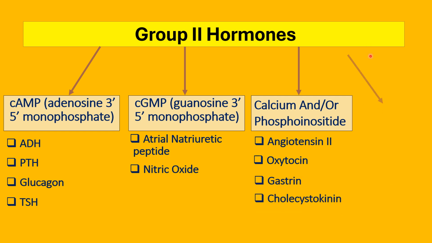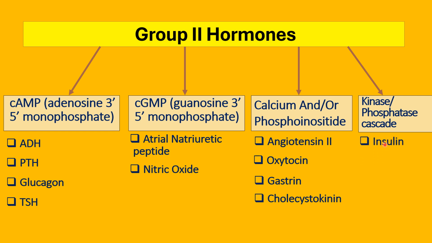And the last subclass are the hormones which act through the kinase phosphatase cascade, and examples of these hormones are insulin, prolactin, and growth hormone. So friends, this was about classification of hormones based on their mechanism of action.